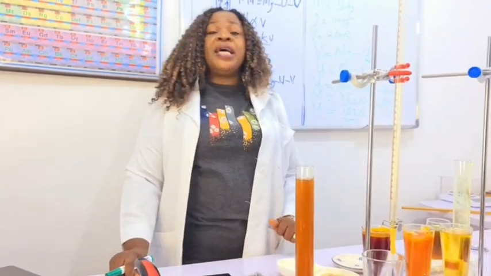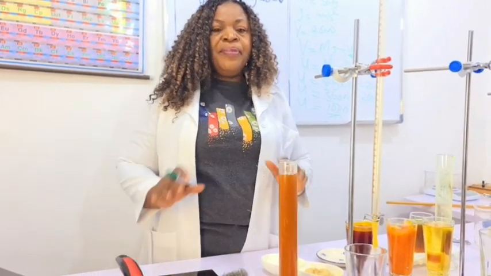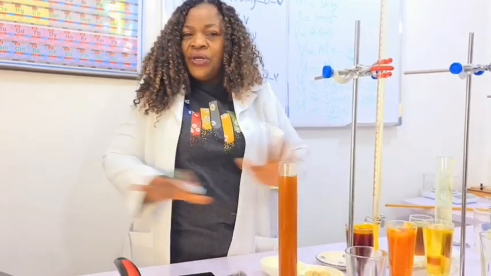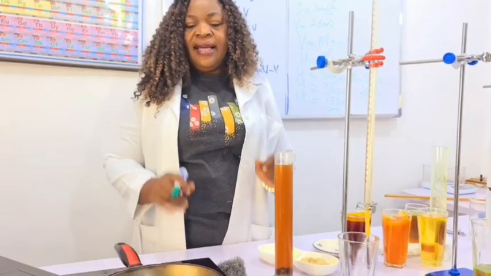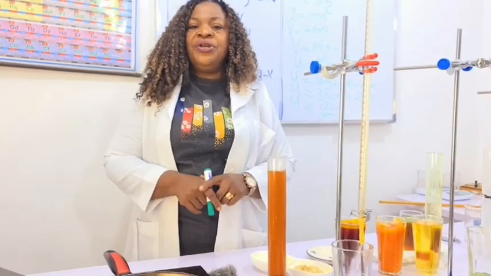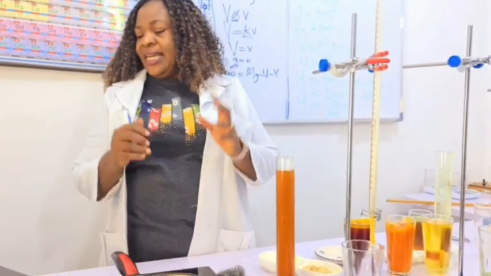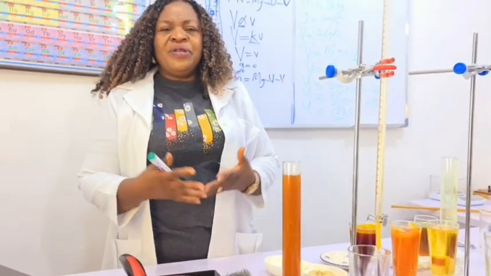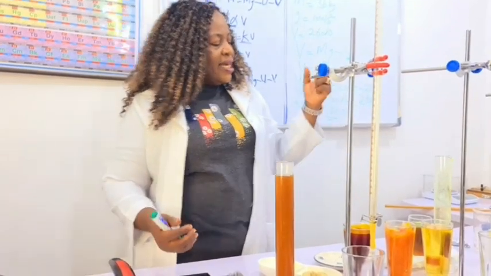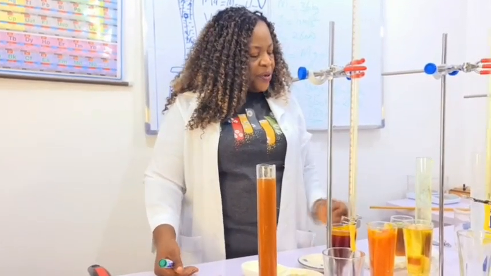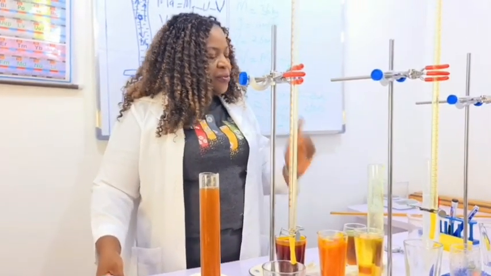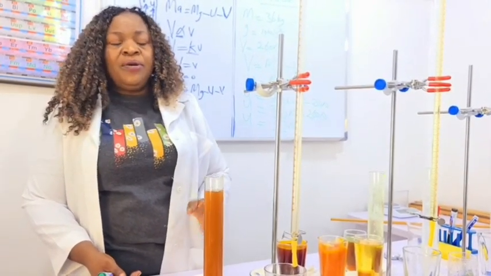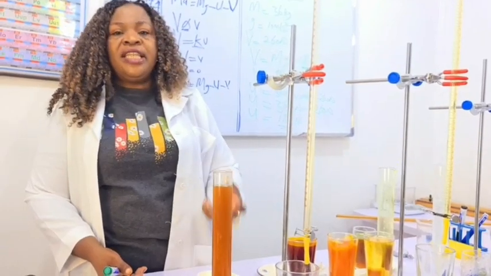According to the examiner's report, many students failed this question. They did not know what viscostatic is. Now we want to teach you what viscostatic is. A viscostatic liquid is a liquid that does not change appreciably when there is change in temperature.